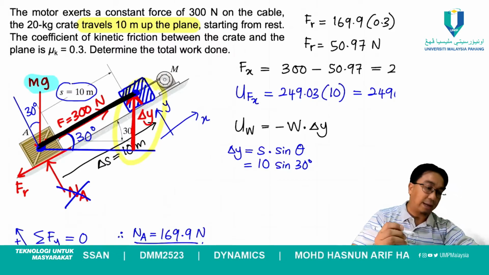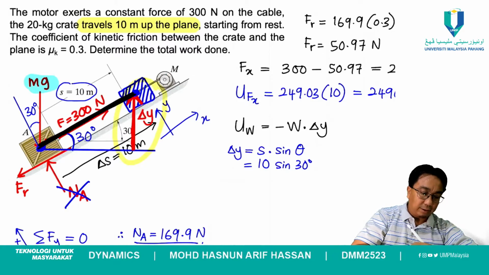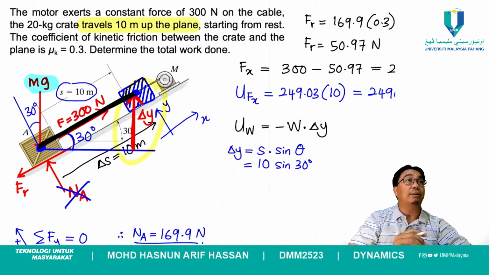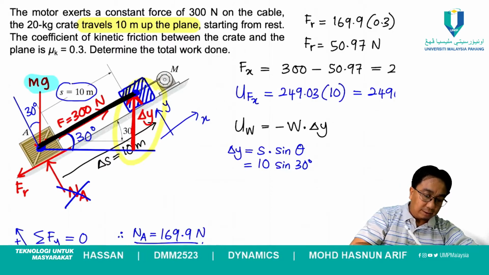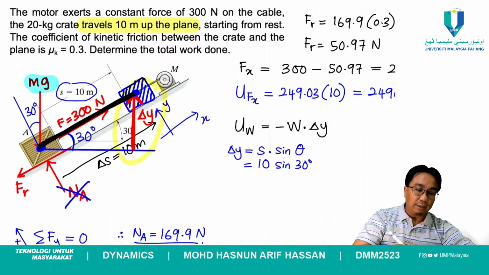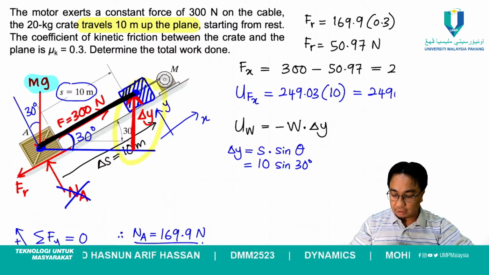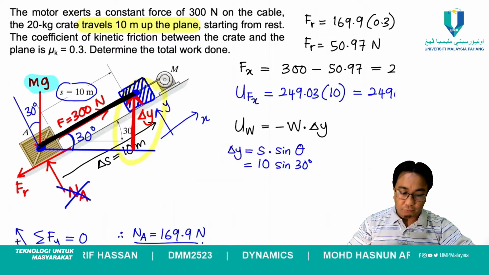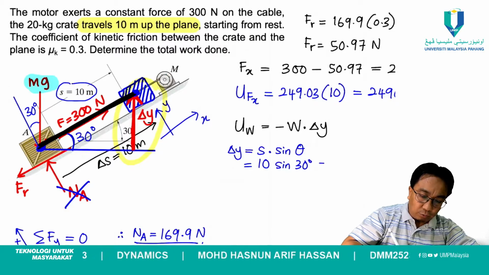The black one is 10 meter. So you can see it as a triangle. What we want is this side over here, delta y, which can be calculated using 10 sin 30 degrees. So 10 sin 30 degrees gives how much? 5. So you get here, delta y is equal to 5.